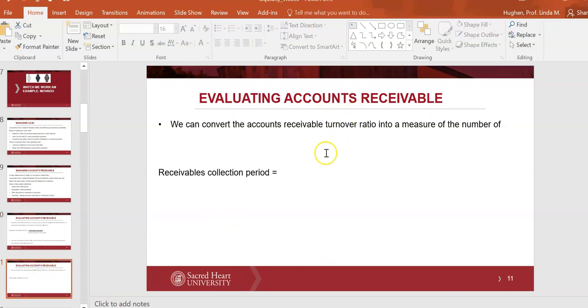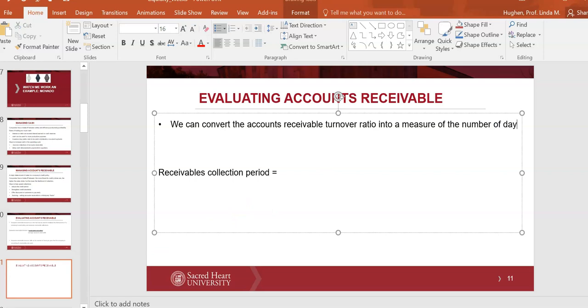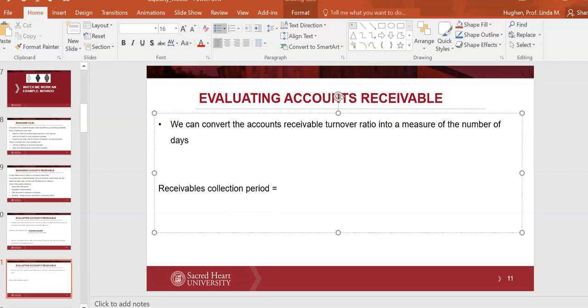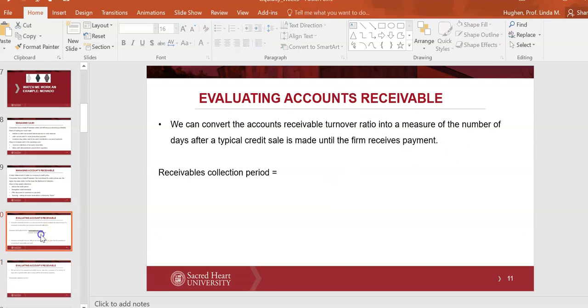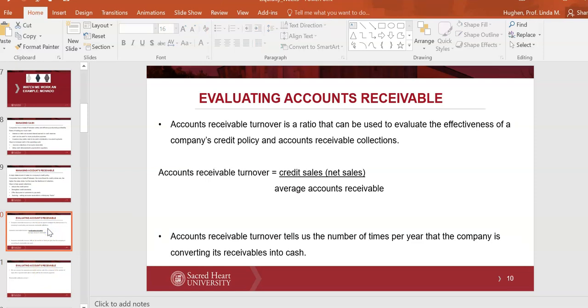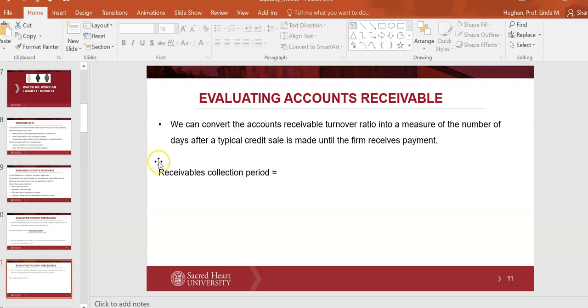We can convert the accounts receivable turnover ratio into a measure of the number of days after a typical credit sale is made until the company receives payment. So we're turning our accounts receivable turnover ratio from some number of times per year into a number of days.